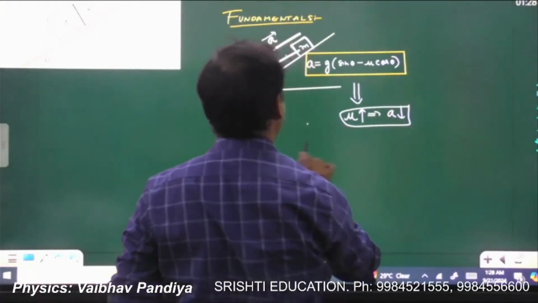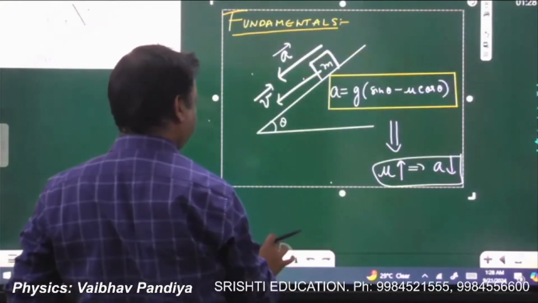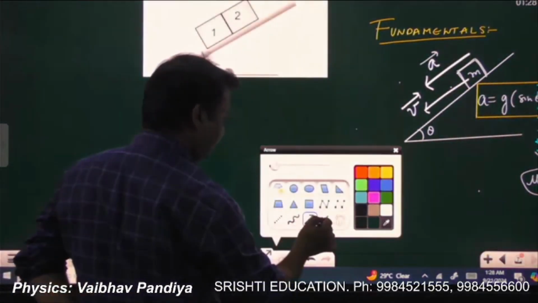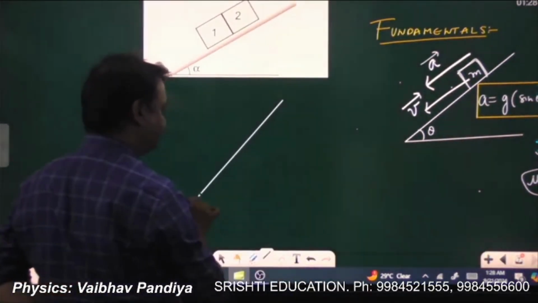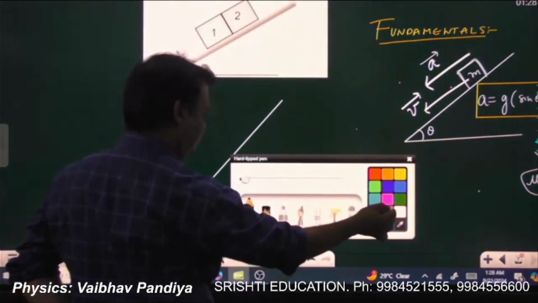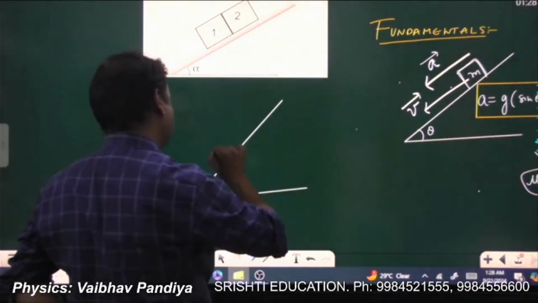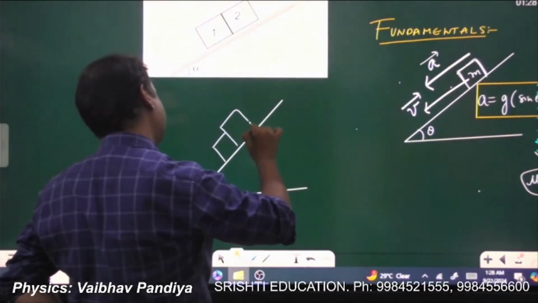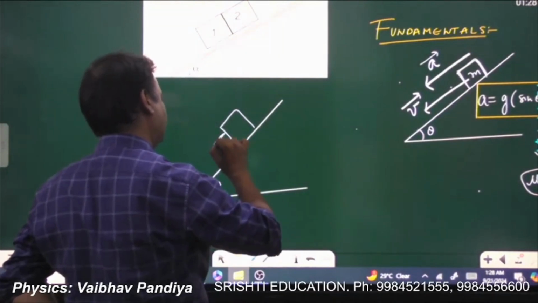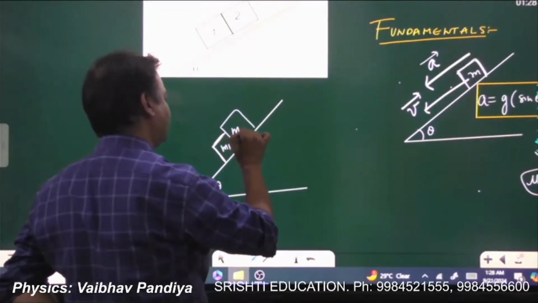which we will apply in this problem. Now suppose we have two blocks which you are releasing side by side on some rough inclined surface. This is block 1 of mass m1, and there is block 2 of mass m2.